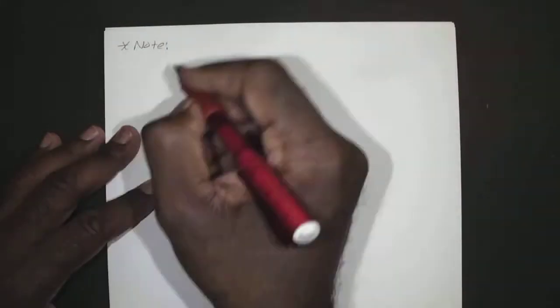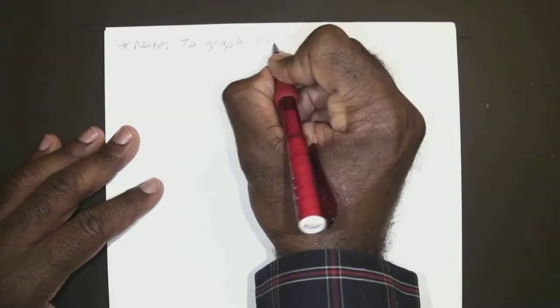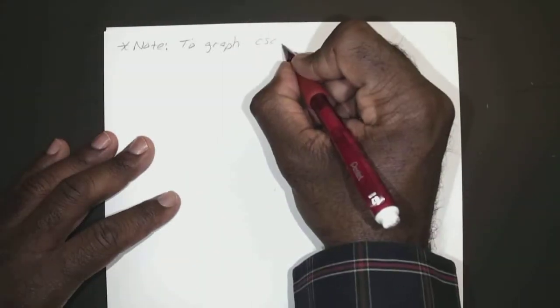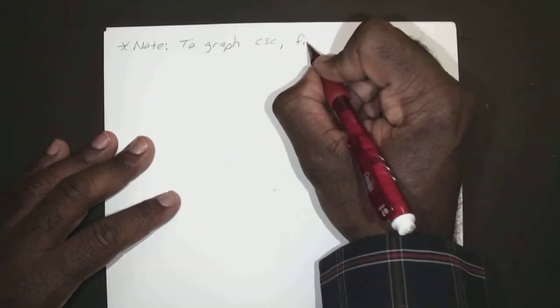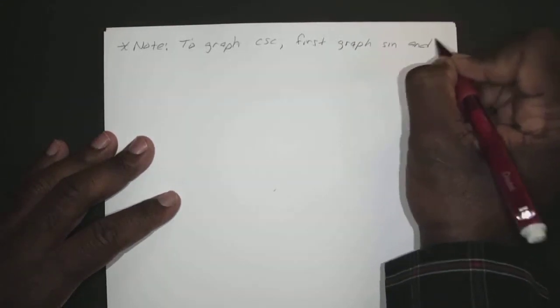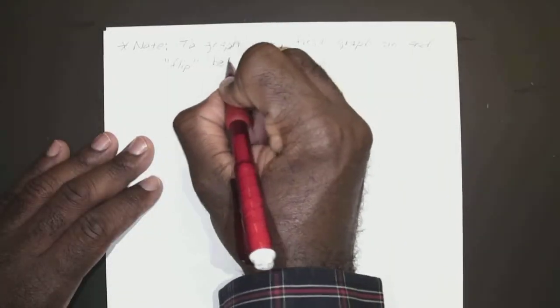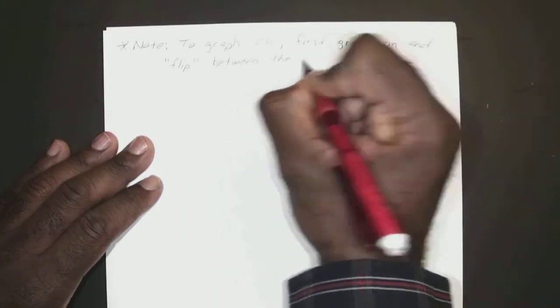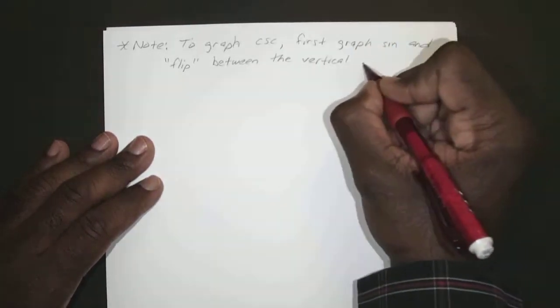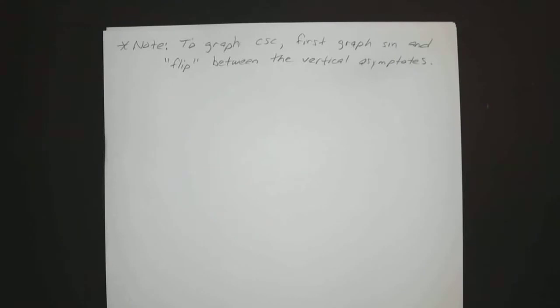Okay, so a quick note to graph cosecant. First graph sine and flip between the vertical asymptotes. Okay.